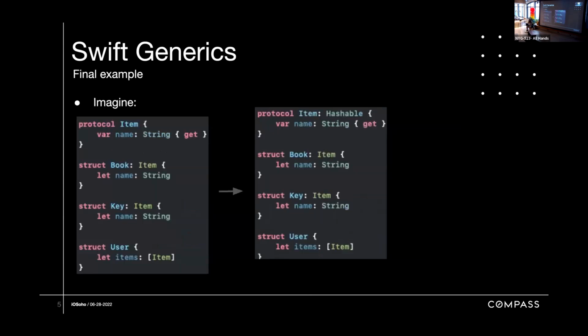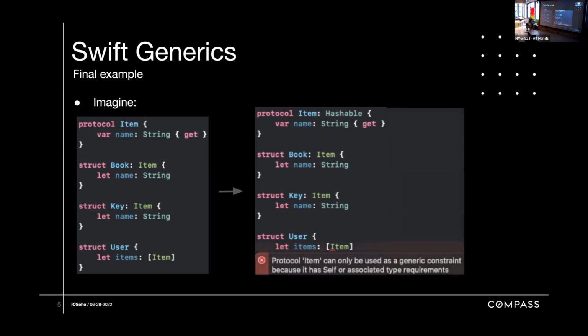And let's get going. Imagine you have an Item protocol that just has a name, defined as a book, and then you have a user that has a list of items. If you make that Item Hashable, you will notice, I'm sure most of you have seen that error, that the compiler is going to complain: it can only be used as a generic constraint, it has Self or associated type requirements.